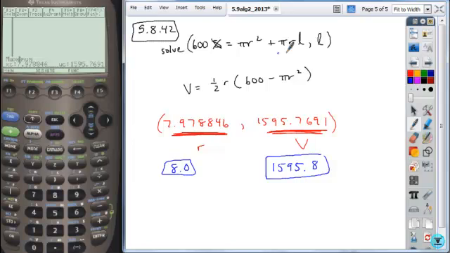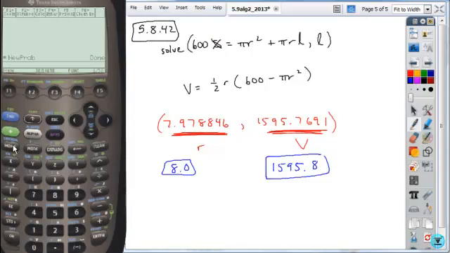Here, when we complete this function, we'll solve for L. So I'm going to go back to my home screen, and I'm going to enter this in. So solve 600 is equal to pi times r squared. Again, r I'm going to replace with an x.